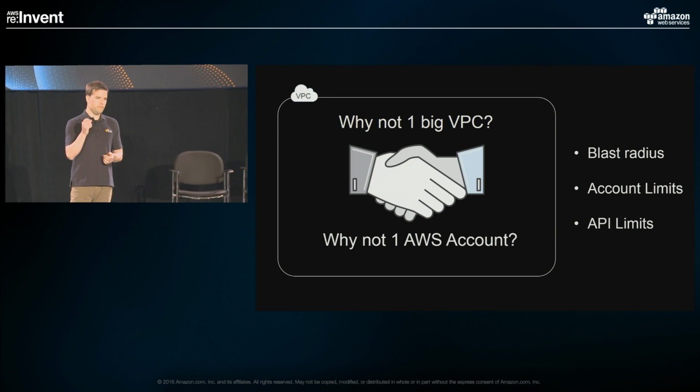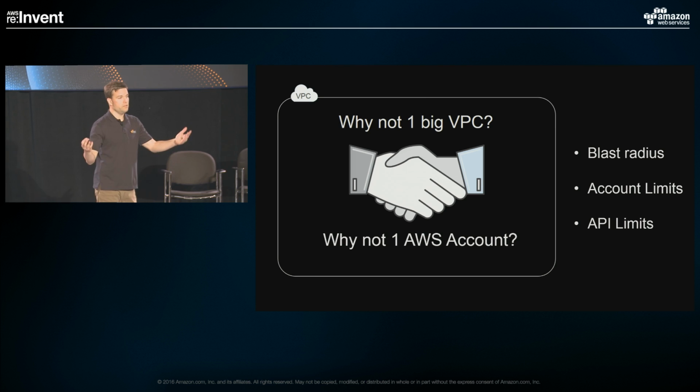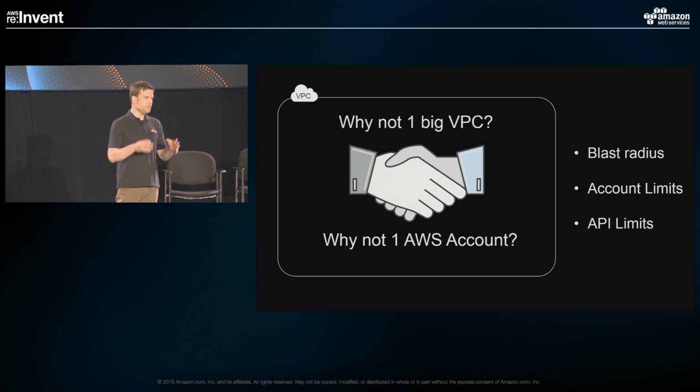IAM allows you to give very fine-grained resource control over who can do what in your VPC, but you cannot IAM API limits, right? So if, for example, you have one misbehaving app that browns out your throttling limits on EC2 describe calls, that affects everyone else. So there is a certain level of blast radius that you must consider when you're putting resources in a VPC.